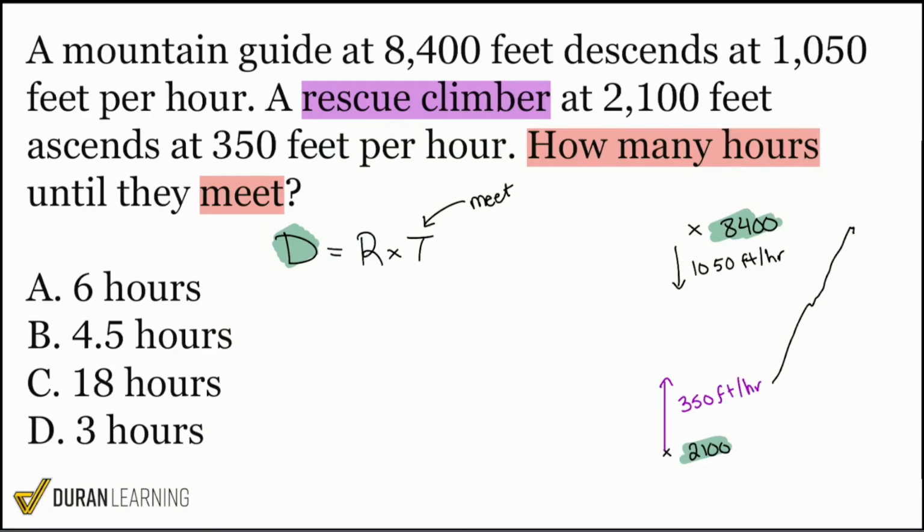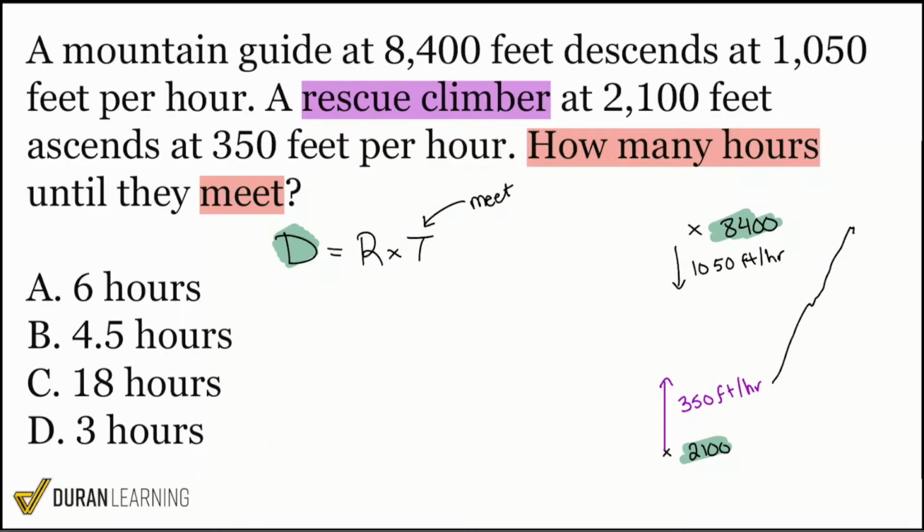It's going to be subtraction because if we start at 8,400 over here and also start at 2,100, the gap, subtracting, is going to tell us the distance that we're trying to cover. One more time, we're going to subtract these two values right here and here because that'll give us the distance between these points.